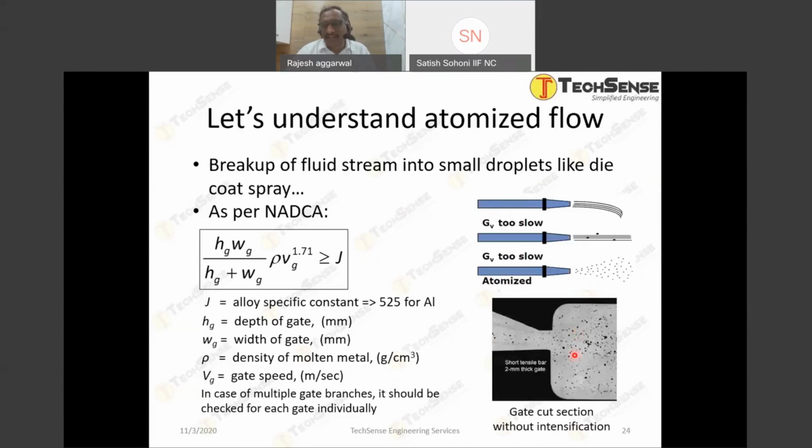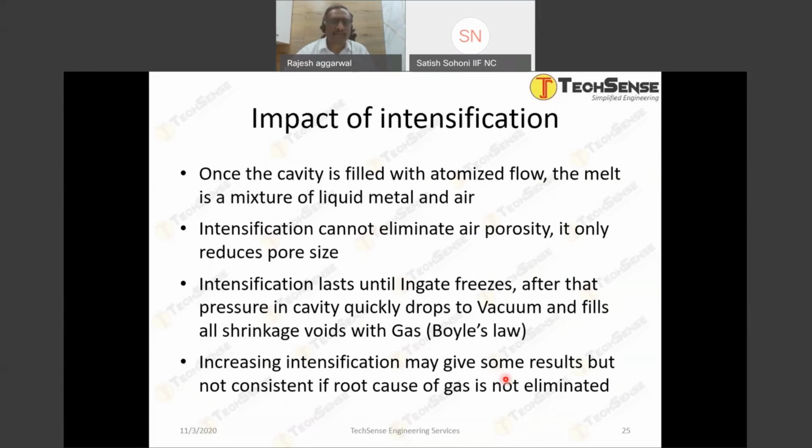You can see the variation in the pore size. This is before intensification, right? So as we apply the intensification, the pore size reduces. The intensification lasts until the in-gate freezes. After that, pressure in the cavity quickly drops to vacuum and fills all shrinkage voids with gas. That is Boyle's law.